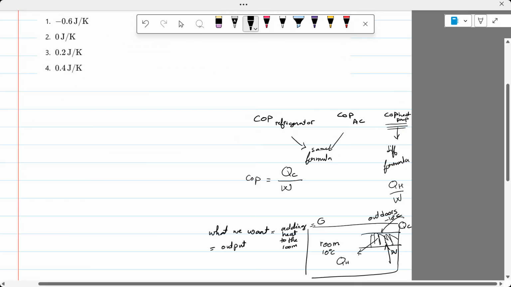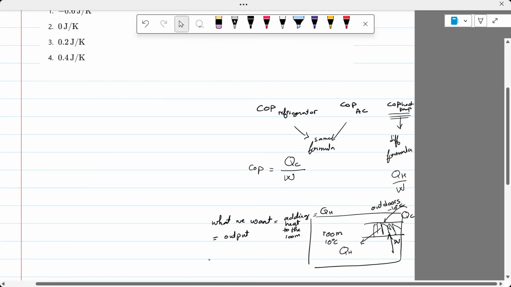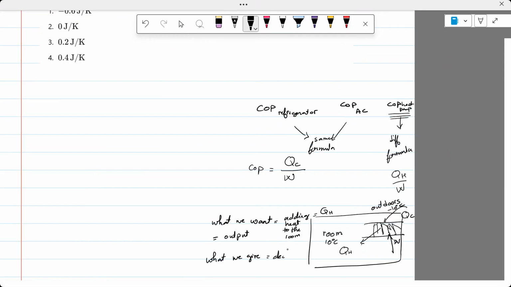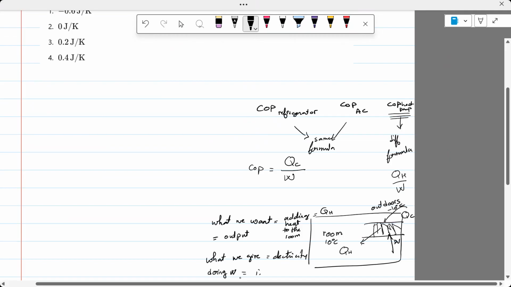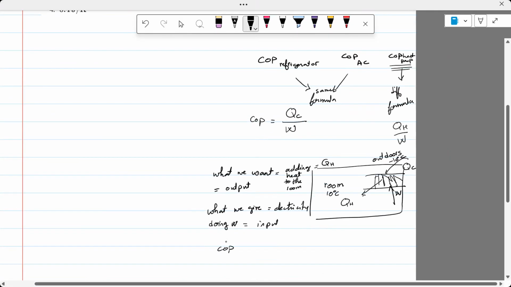And this is basically adding some QH. This is my output. What we give is basically some electricity here, doing some work. And this is my input. And the COP and the efficiency as well are both the output over the input. So in this case, for the heat pump, it's going to be QH over W.